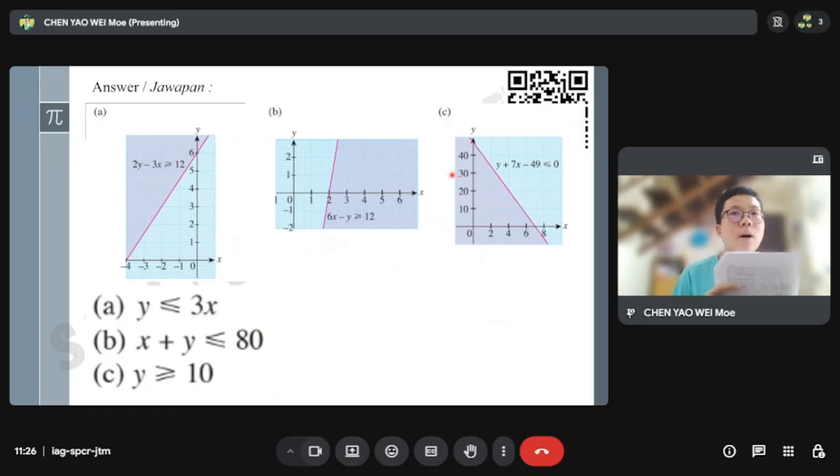You know why? Because we want to make it easy for the teacher to grade and mark your answer.